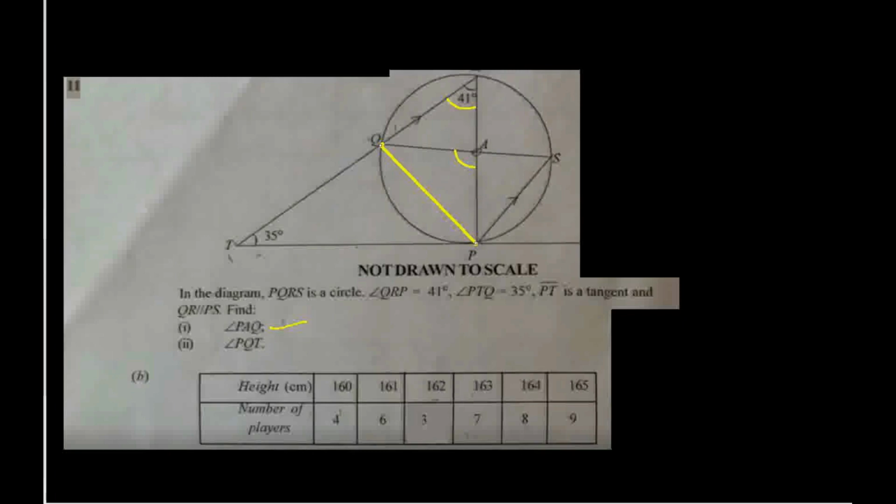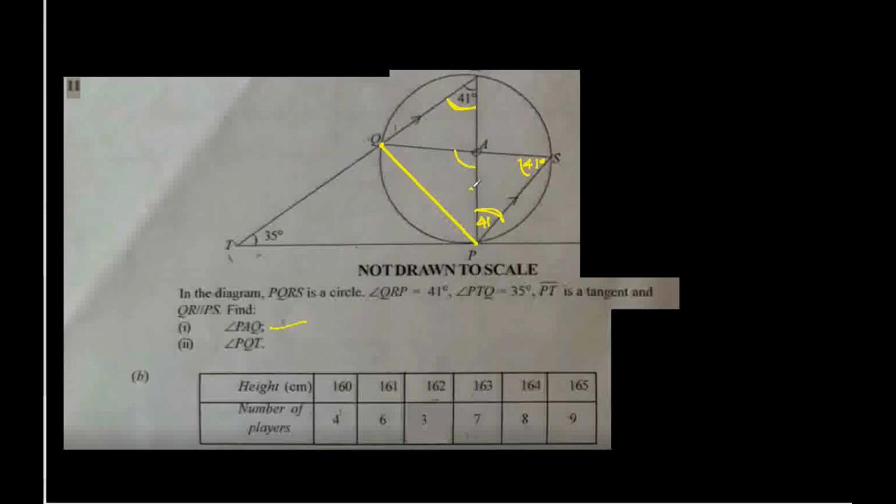That means this angle will also be 41 degrees. Now, this line and this line are parallel. They are not looking parallel, but they have stated they are. That means this angle will also be 41 degrees by alternate angles.